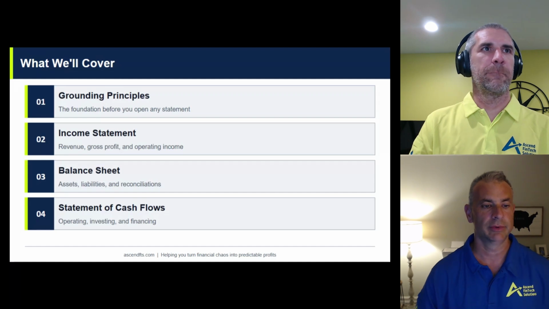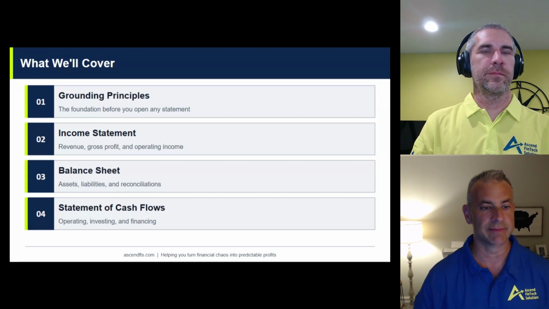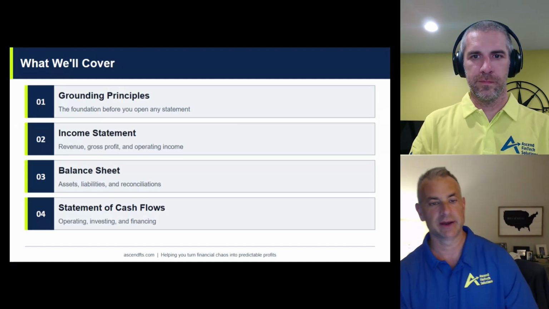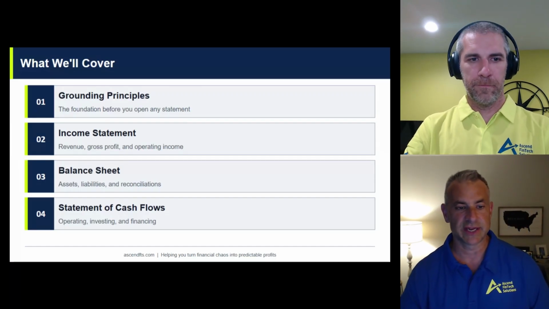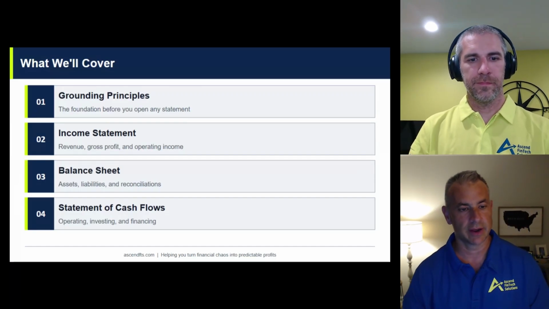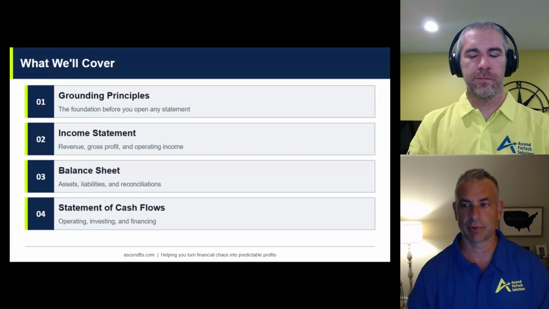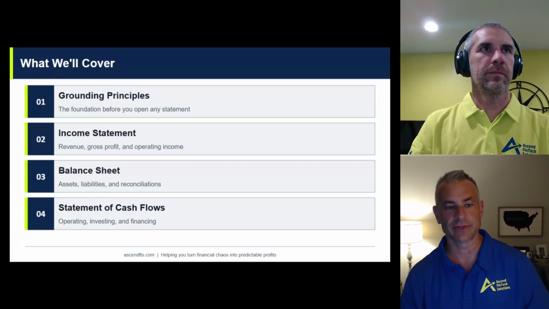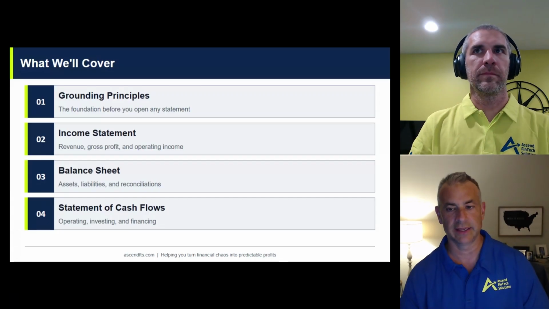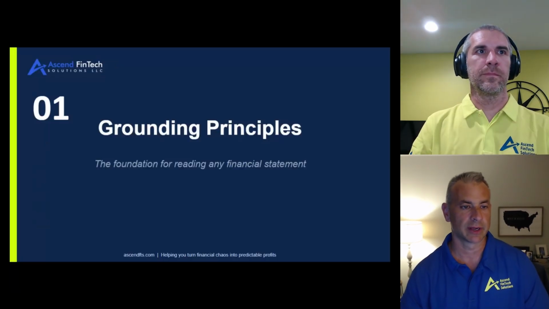Then we'll go through the 3 financial statements: the income statement, everybody knows that and everybody loves it, and then the balance sheet and the statement of cash flows, 2 other financial statements just as important as the income statement, but maybe not looked at quite as closely. So hopefully you'll gain an appreciation for those 2 in your business.